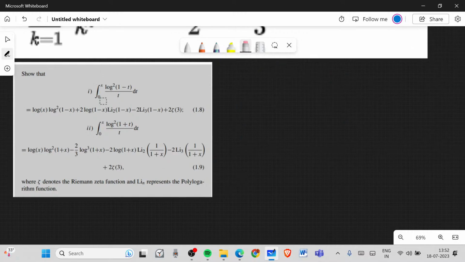So basically, instead of transforming inside, I'm transforming the question. Instead of x, basically this is an identity in x.